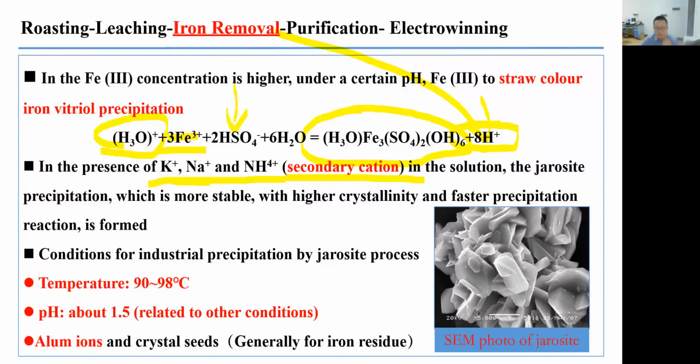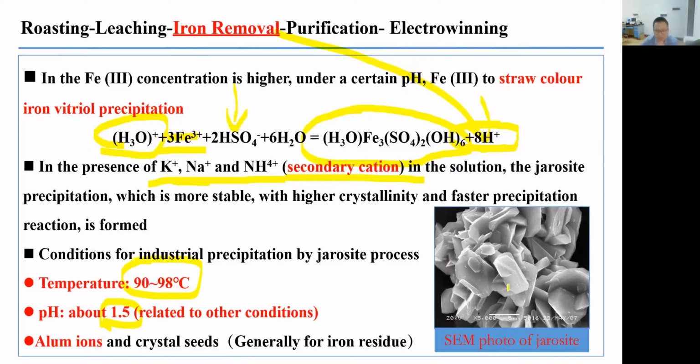And when we are preparing some jarosite, the pH value is around 1.5 and temperature is around 90 to 98 degrees in industry in order to get a better process and better product. So aluminum ions and crystal seeds are also needed. And this is the picture.